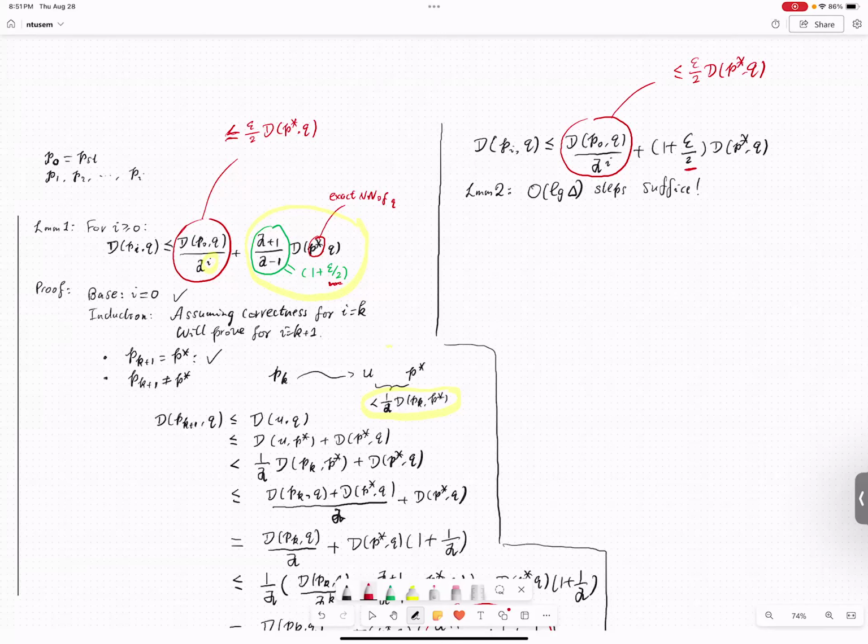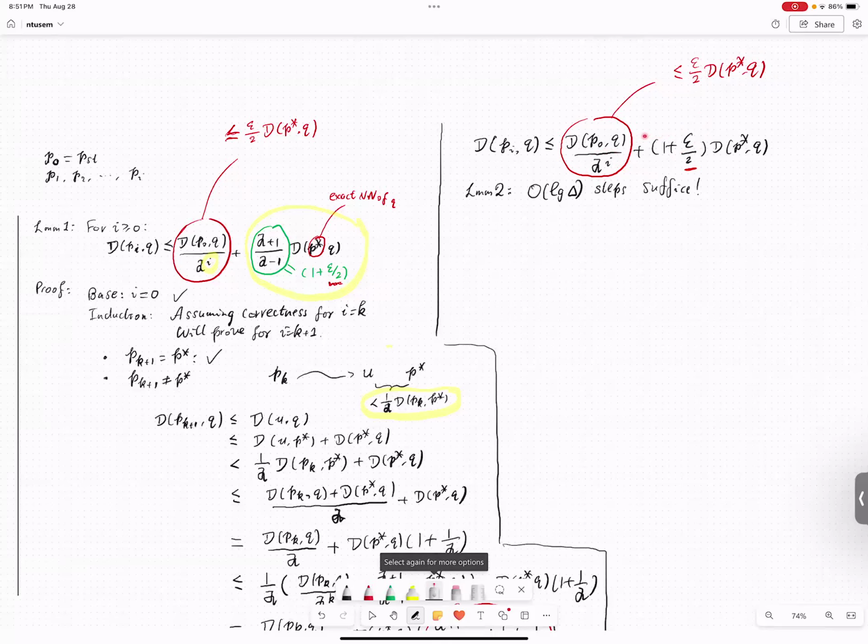The good news is that this is definitely doable, because all you have to do is increase the value of I, so this is going to go smaller and smaller for the first term. But if you move this around, this alpha to the power of I is going to appear on the right-hand side, and d p star q is going to be on the left-hand side. So you want to be able to bound the value of I.